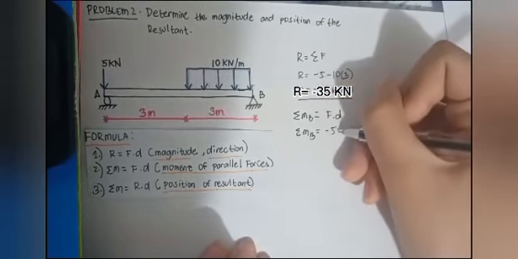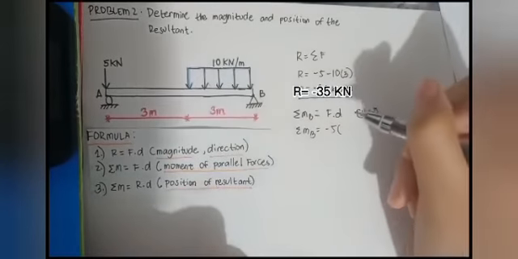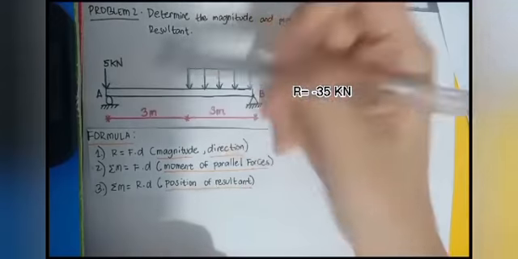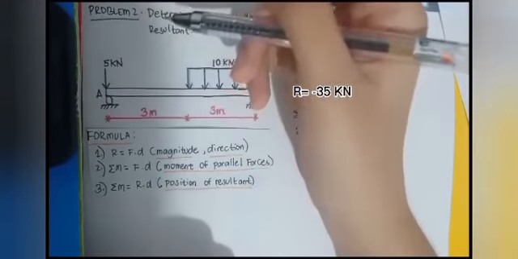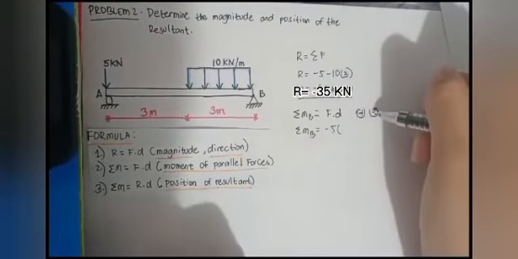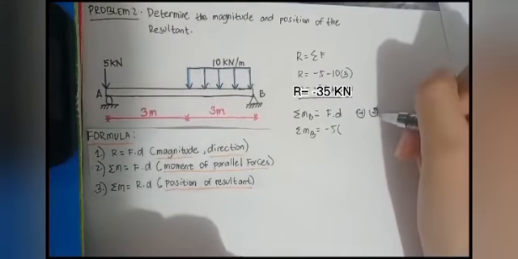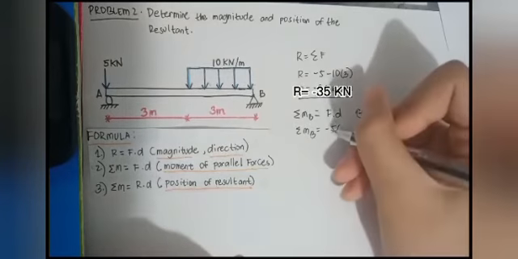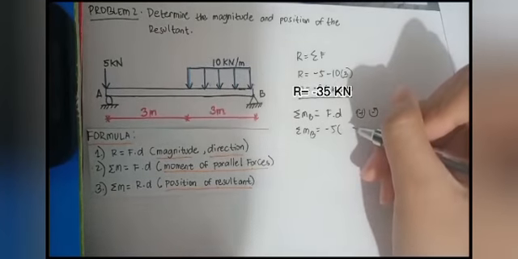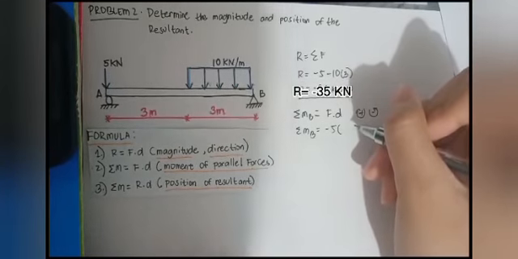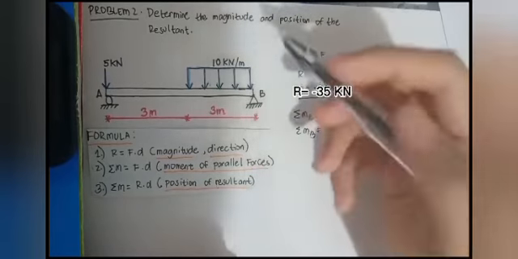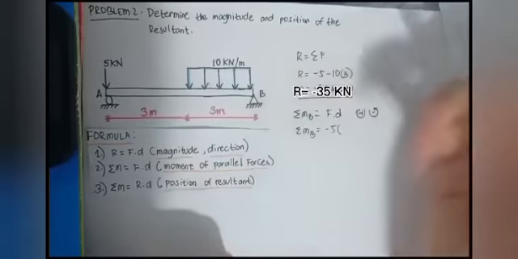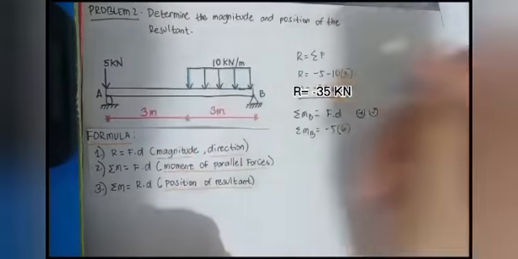Negative 5 kilonewtons. As you can see, it's negative 5 because from here it rotates counterclockwise, which means negative. So we assume that counterclockwise rotation is negative and clockwise is positive. So it's negative 5 times its moment arm, or the distance from the force to the moment here. So it's 6, 3 plus 3.